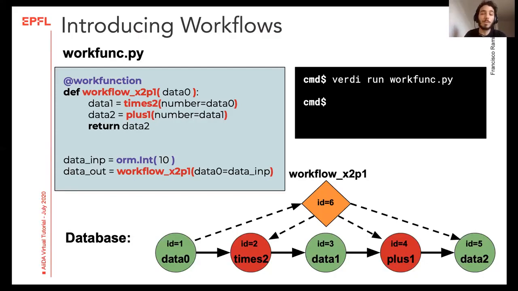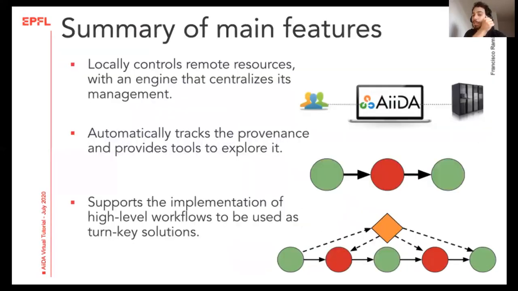And so with this, we have now seen all the features that I wanted to show you. To summarize, with AiiDA you will learn how to use it to locally control your remote resources and keep track of all your calculations directly from your computer, without having to log in to different clusters or copy files around.